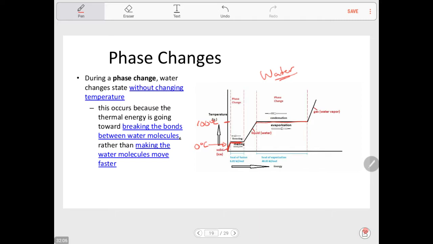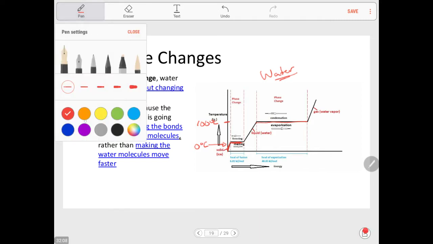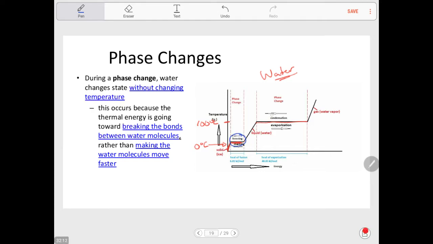What we're focusing on in this part, everyone, is right here. We're going to be doing some calculations focused on when water changes states of matter. Again, right here. This occurs because thermal energy is going towards breaking the bonds between water molecules, rather than making the molecules move faster.